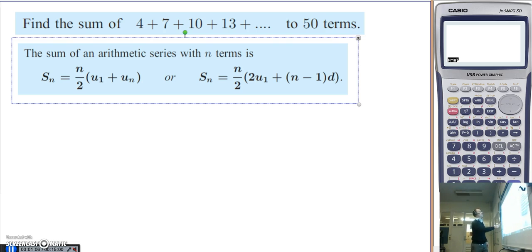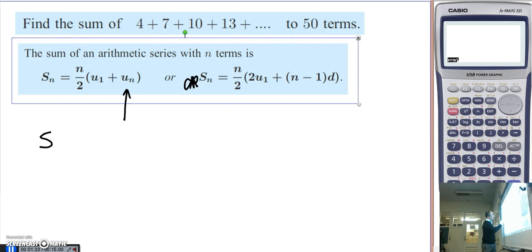The sum of 4 plus 7 plus 10 plus 13 to 50 terms. So do we know the last term? No, we don't. We know that there are going to be 50 terms, but we don't know the last one. So that means that we are going to have to use this formula here.